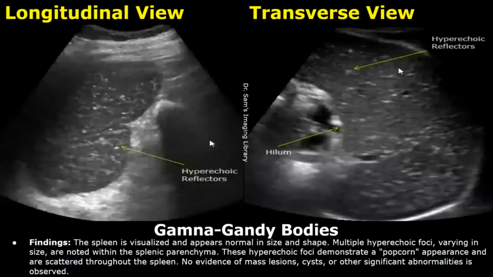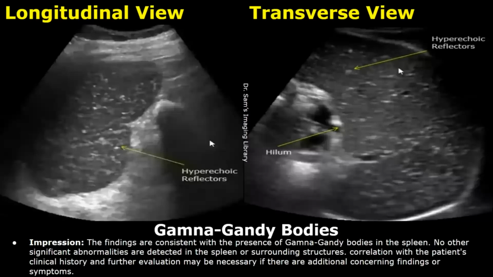This is the impression. These findings are consistent with the presence of Gamna-Gandy bodies in the spleen. Correlation with the patient's clinical history and further evaluation may be necessary if there are additional concerning findings or symptoms.